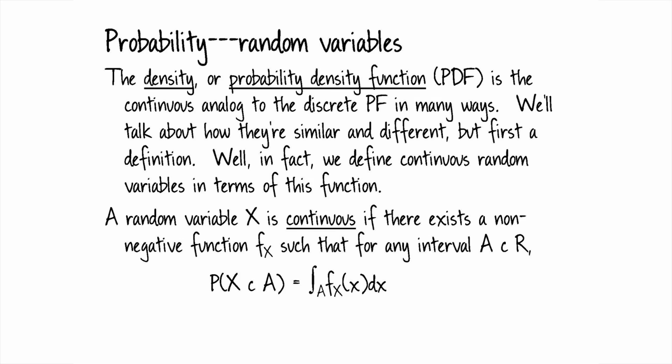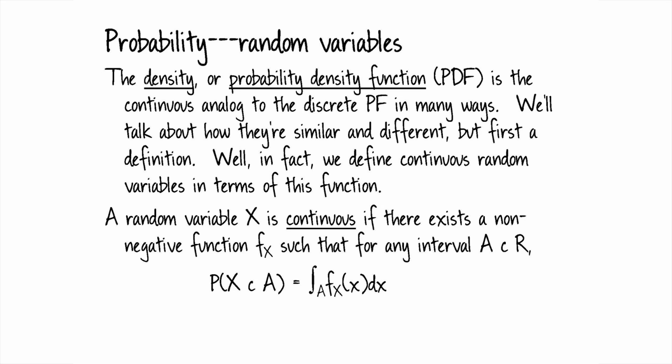It's an analog in a lot of ways to the discrete probability function that we were just discussing. The next slide will talk about how they're similar and different. But first, let me give you a more formal definition of what a PDF, or probability density function, or density is. Okay? In fact, we define the continuous random variables in terms of this function.